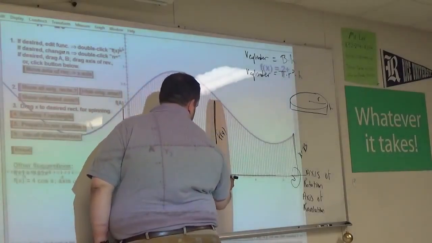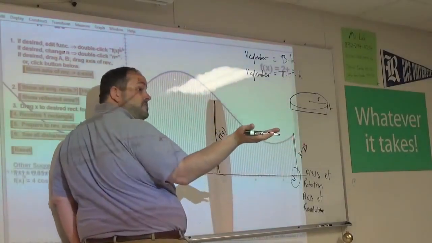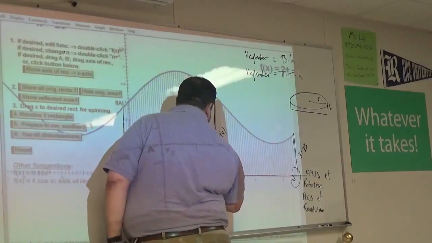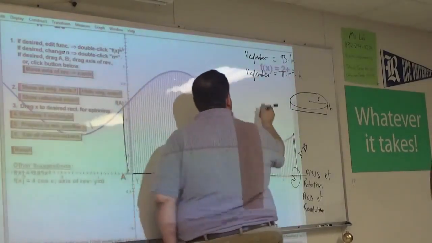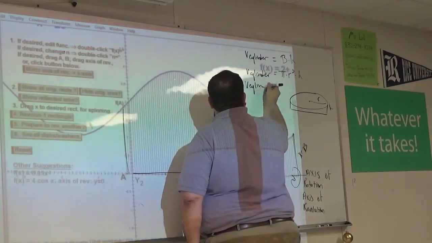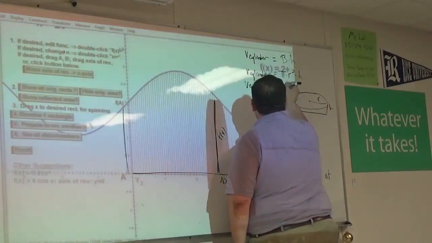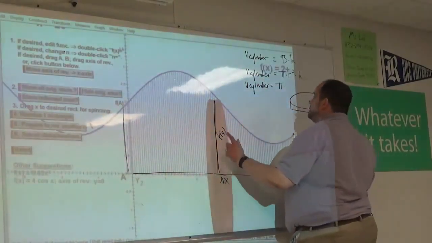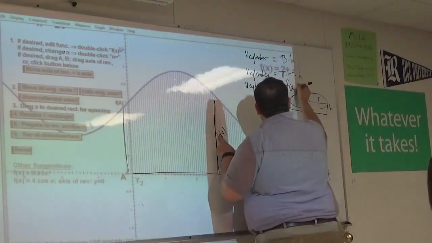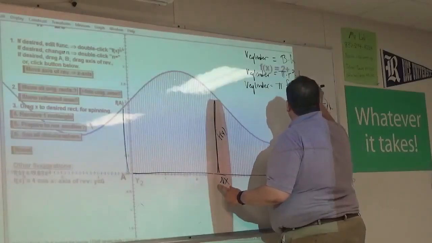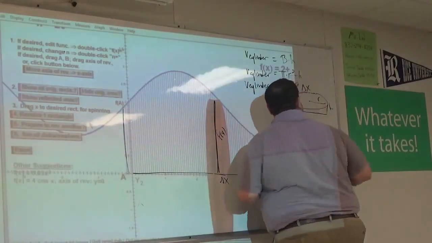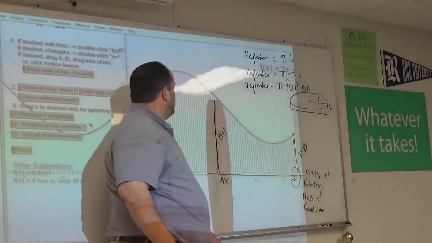That's the delta x, the width of the rectangle, or the dx. So my volume for a cylinder, don't tell me it's pi r squared h, tell me what the radius really is. f of x squared. Tell me what h really is. Delta x, or dx, depending on how you want to describe it, that's fine to me.